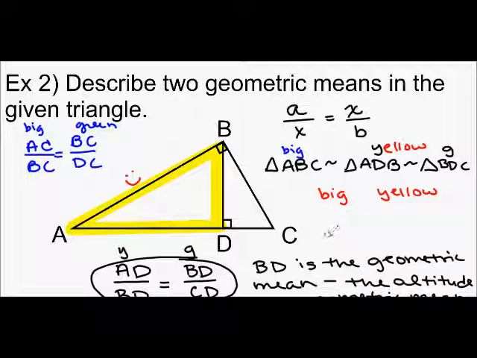And we said they both have a B. Okay, so on the big triangle, AB goes with AD on the yellow triangle. And on yellow, AB goes with AC. So again, you can see AB is the geometric mean between the hypotenuse of the large triangle and that portion of the hypotenuse on the small triangle.